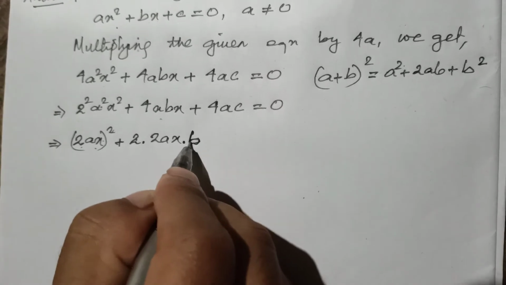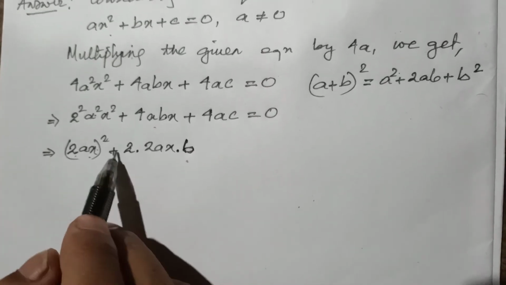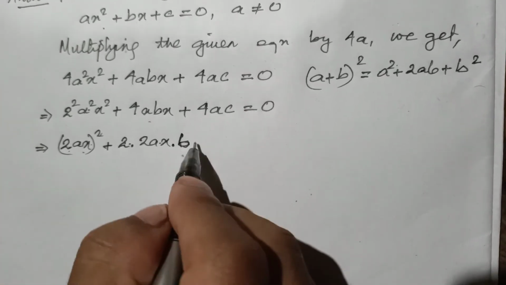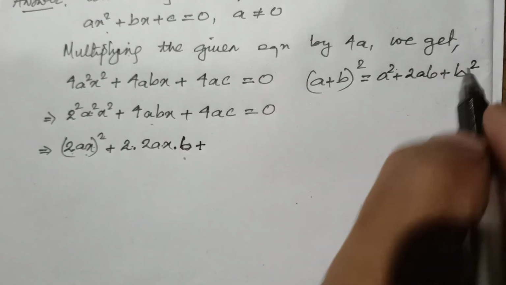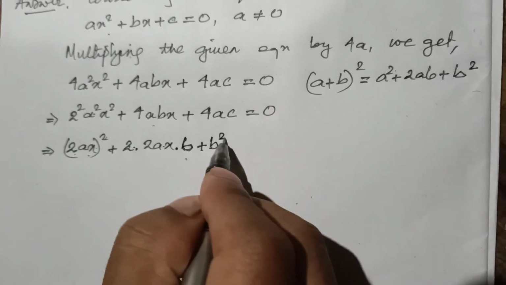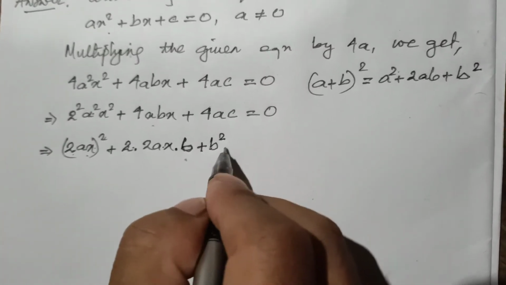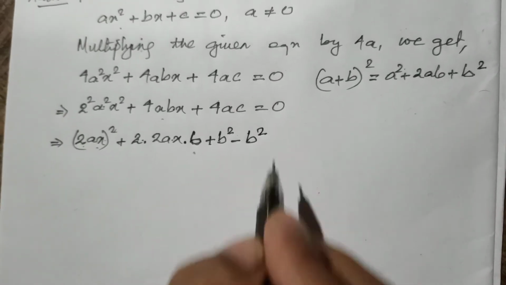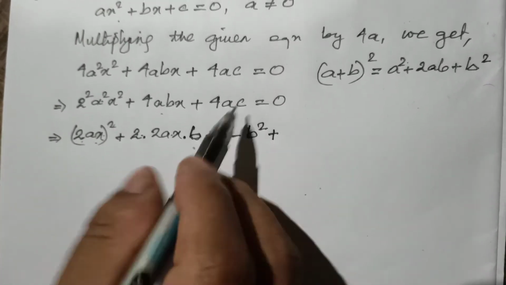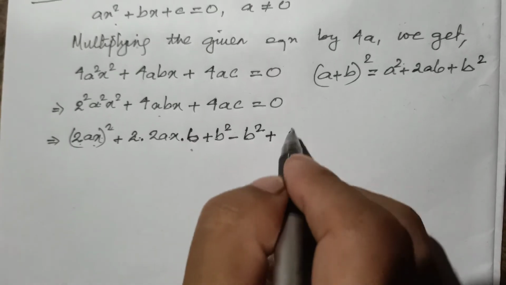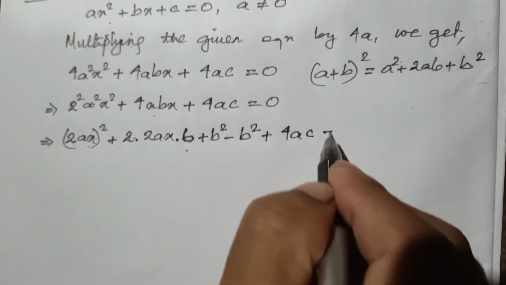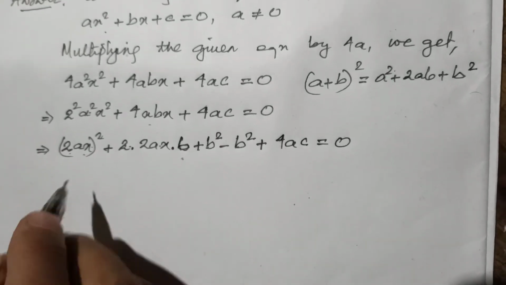That means it is in the form of a squared plus twice ab plus, according to the formula, b squared. Since we took this b squared out of nowhere, we are going to subtract it again, minus b squared, then plus 4ac equals 0.